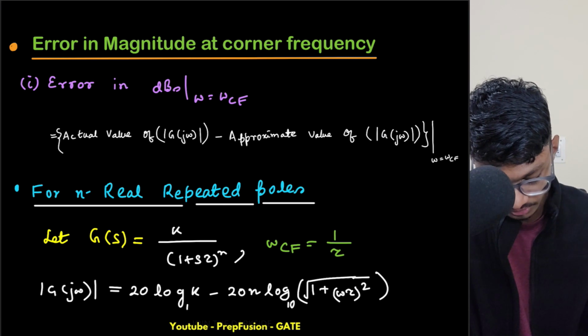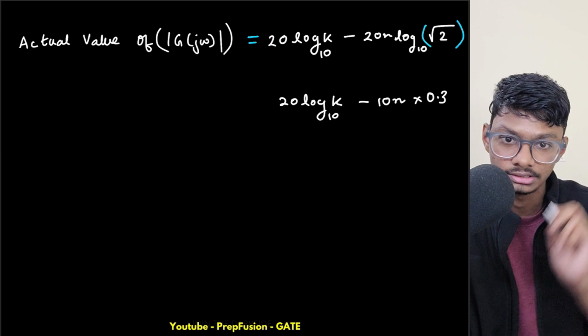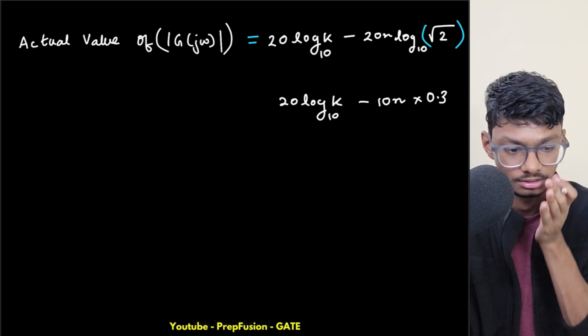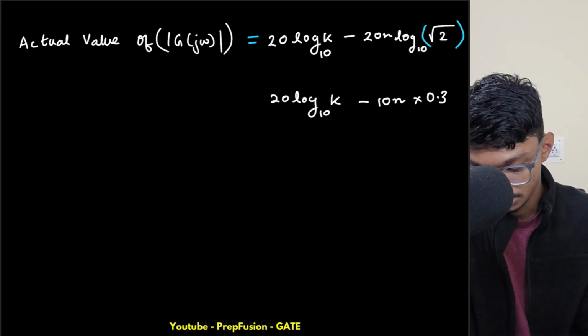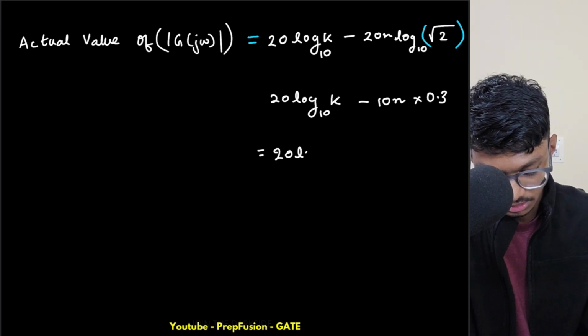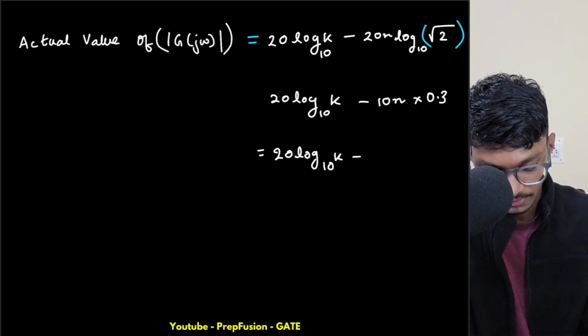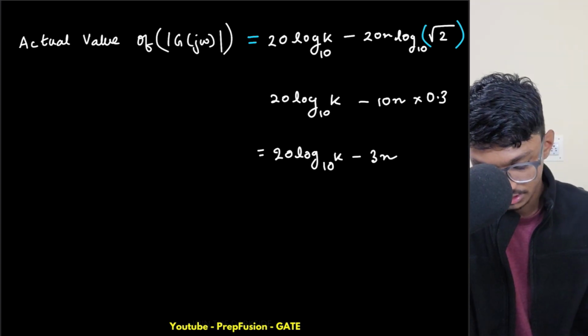If I don't write the base, it is 10. If I write ln, then the base is e, known as natural logarithm. So this becomes 20 log base 10 k minus 3n. Okay, so this is my actual value.